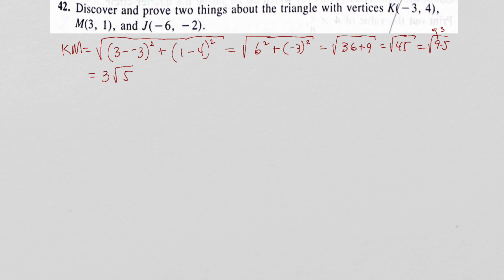Okay, let's do the next two. We'll find the distance between K and J. The square root of x2, which is the x value of the second point, that's negative 6, minus x1, which is the x value of the first point, that's a negative 3, squared, plus y2, which is the y value of the second point, minus y1, which is the y value of the first point.